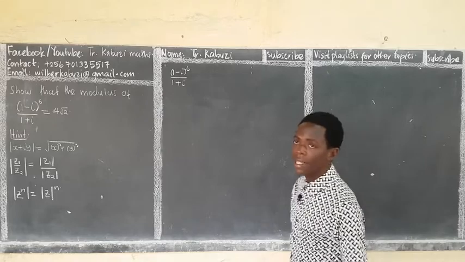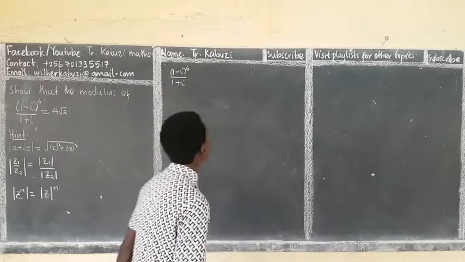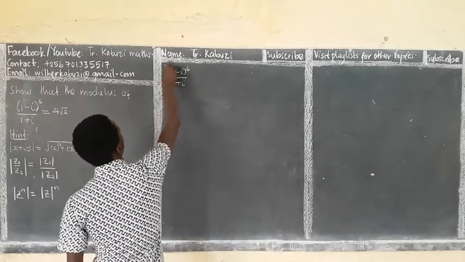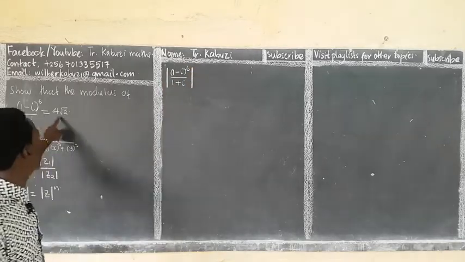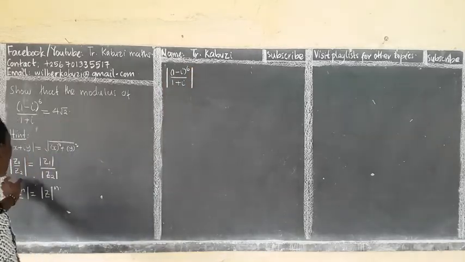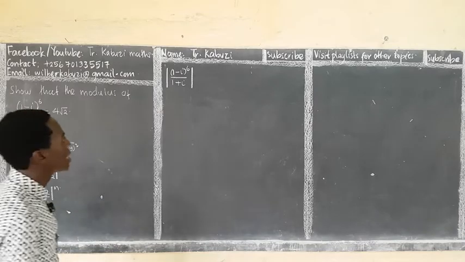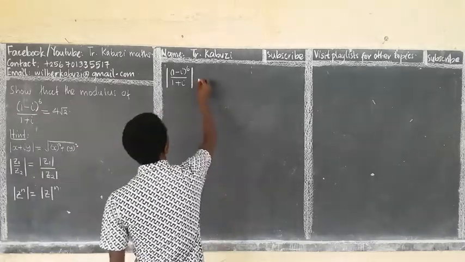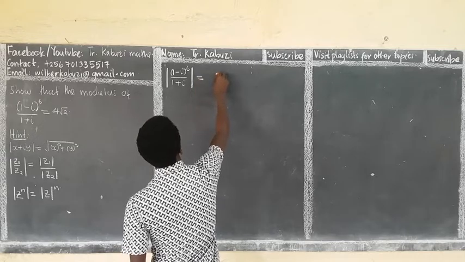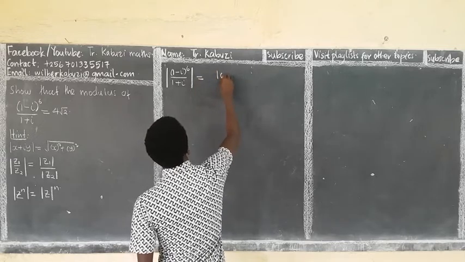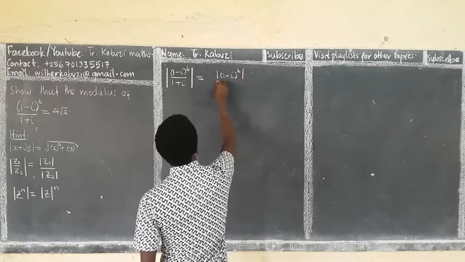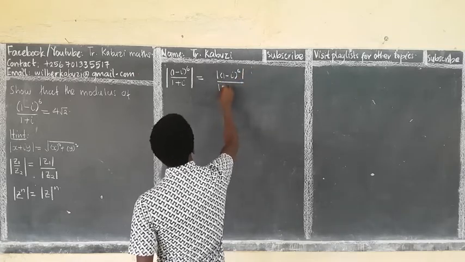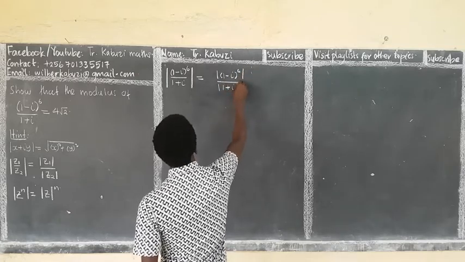So now we can start by getting the modulus. If I want to get the modulus of the whole of this, I'm going to apply that property. This is the same as the modulus of (1 minus i) to the power 6, the whole over the modulus of 1 plus i.